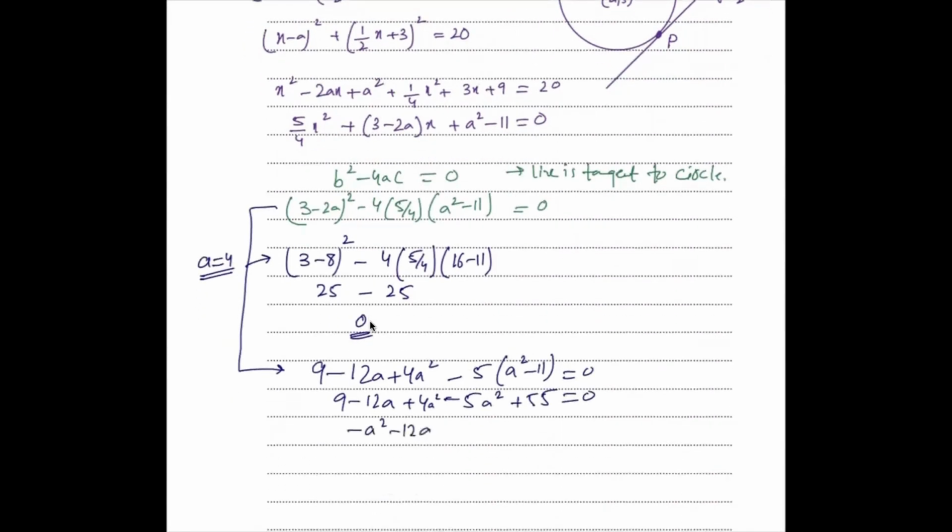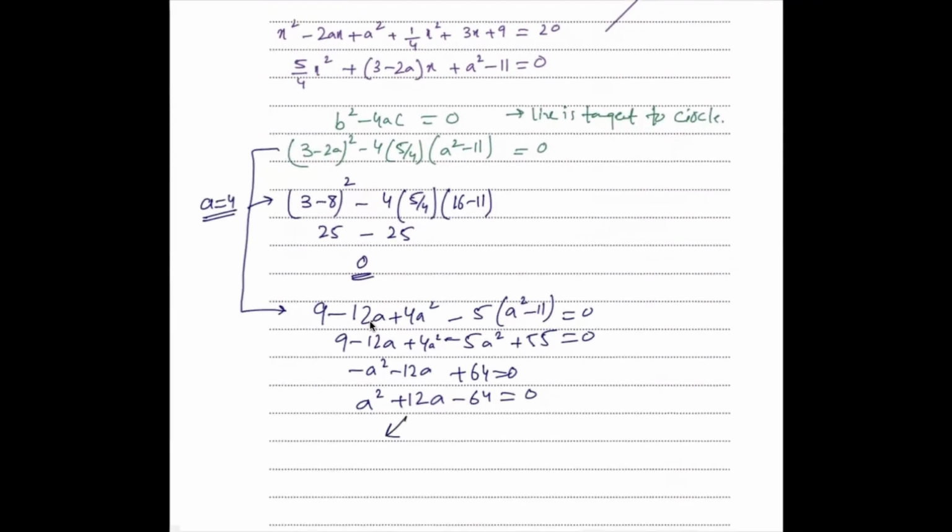Minus a square minus 12a, 55 plus 9 should be 64. So a square plus 12a minus 64 equals to 0. If you solve this equation, one value of a would be 4, but we are interested in the other value now.